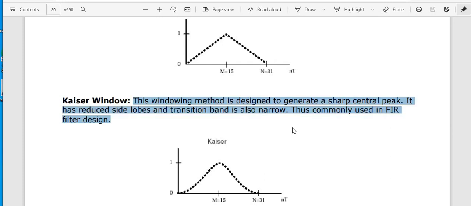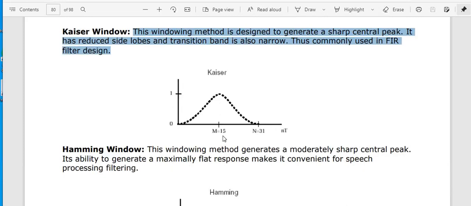That means the side lobes and transition bands can be made steeper when compared to other windowing techniques. Only in Kaiser is it possible. That's why the Kaiser window is commonly used in FIR filter design. As you can see, if N is 31 samples and M is 15, this is the middle one.